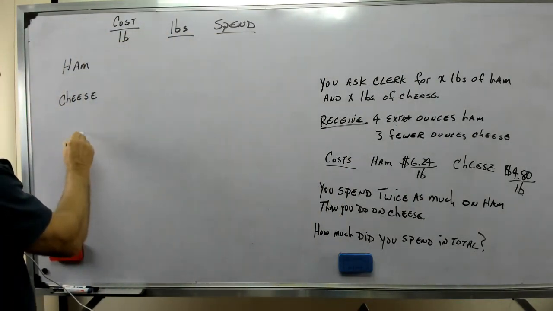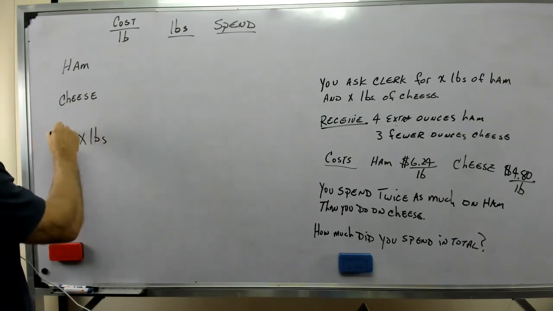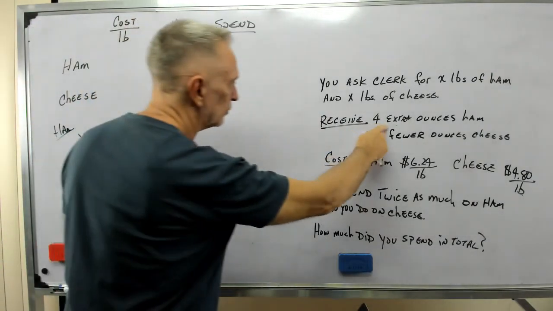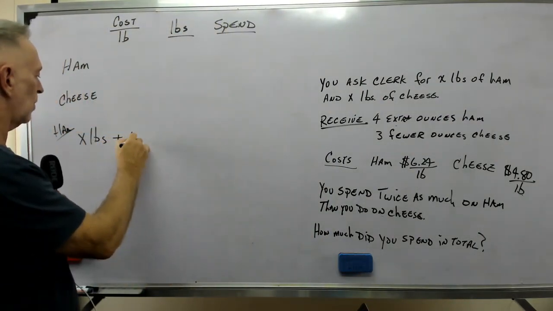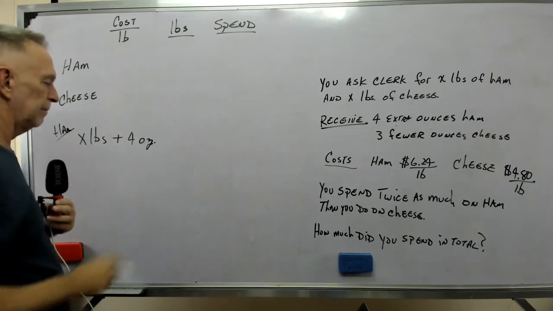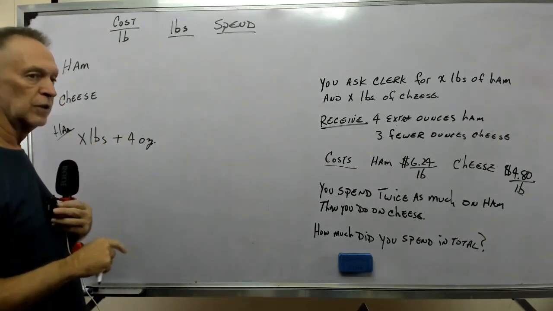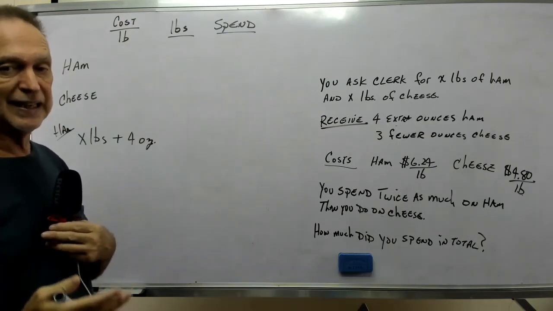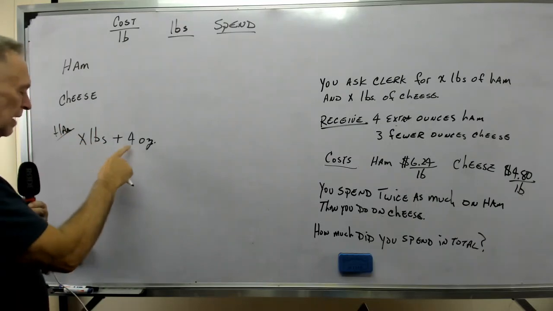I have X pounds, this is the ham, and they gave us 4 ounces extra. X pounds plus 4 ounces. Now, we can't add pounds and ounces, so there's 16 ounces per pound. So what does that mean?